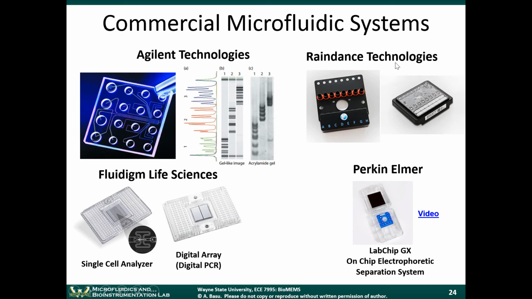Raindance Technologies, I mentioned before, does droplet microfluidics. They do something called digital PCR, which I won't go into the details of right now. It allows you to count the number of DNA molecules in solution.